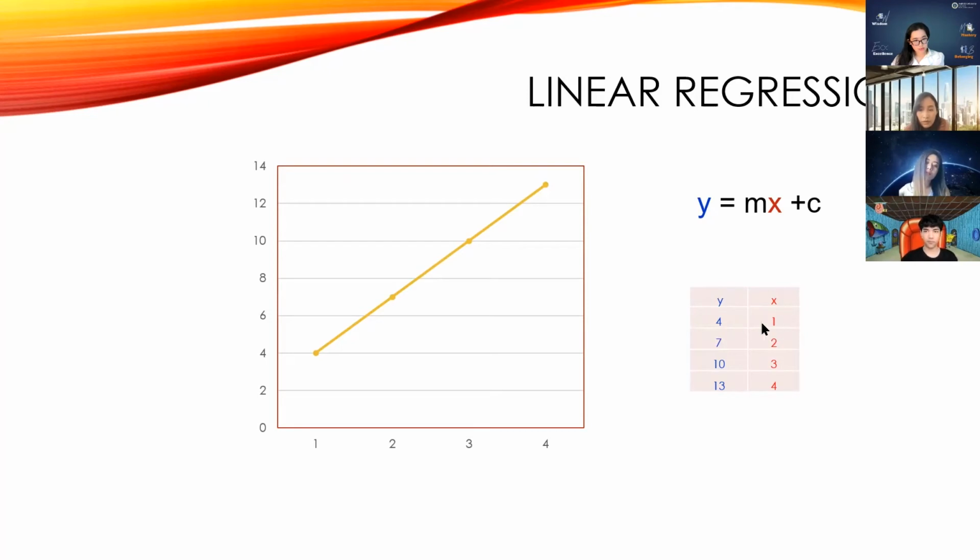And you can guess by this one, if you put M equal to 3, C equal to 1, for example, then 3 times 1 plus 1 becomes Y equal to 4. M equal to 3 times 2 plus 1, Y equal to 7. 3 times 3 plus 1 equals 10.